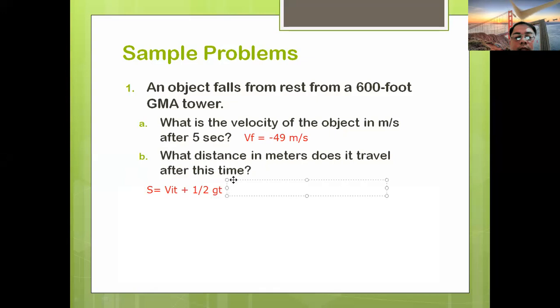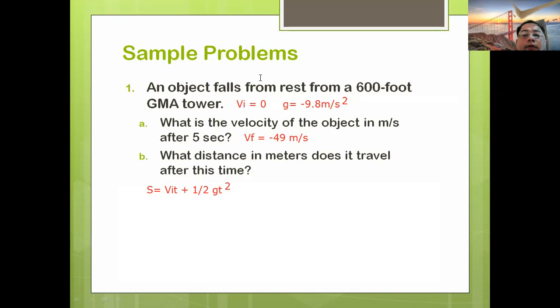We were provided with a time value earlier, equal to 5 seconds. Again, there are two things implied here. If the body starts from rest, V sub I is 0, and our G value is always equal to 9.8 meters per second squared. These are the two givens that are implied without even stating or writing them.